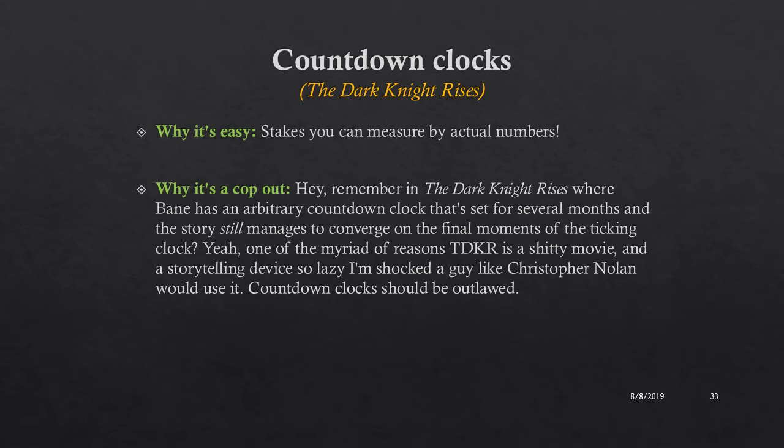Well, that's one of the myriad reasons why this movie is not so great, and a storytelling device so lazy, I'm shocked a guy like Christopher Nolan would use it. Countdown clocks should be outlawed.